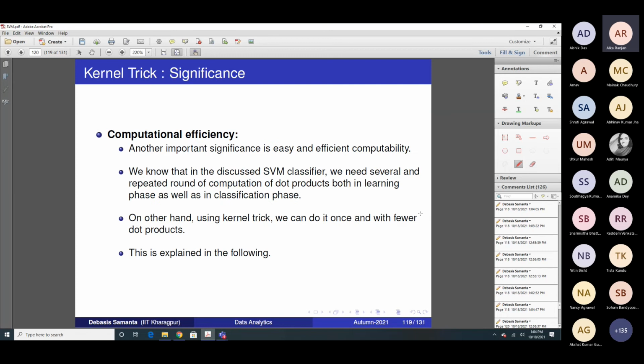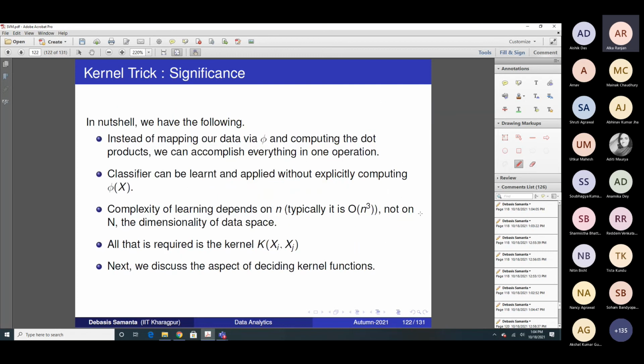Now here the main problem that still remains unanswered is what the kernel functions are to be. What are the kernel functions? I said that there are many kernel functions involved in the literature.